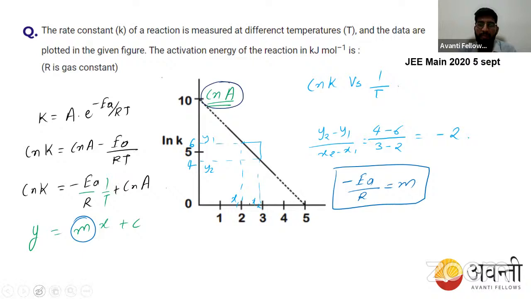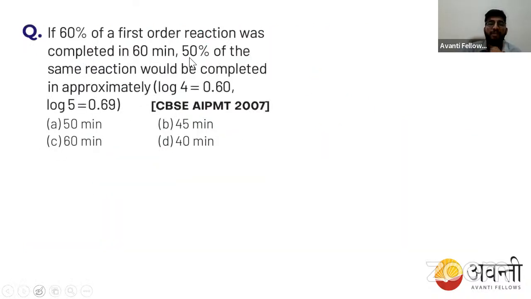So moving forward, the next question. The next question is asking: if 60% of a first order reaction is completed in 60 minutes, then 50% of the same reaction would be completed in approximately how much time? Initially they have said the first order reaction is 60% complete at 60 minutes, so 40% reactant is left unreacted.